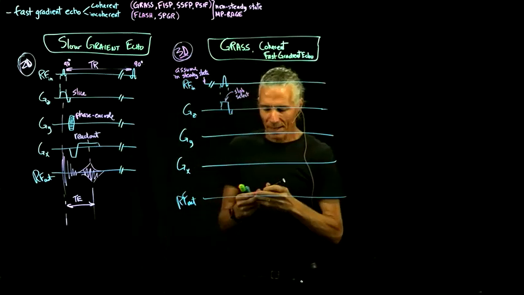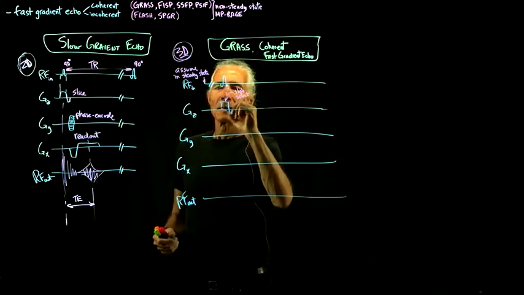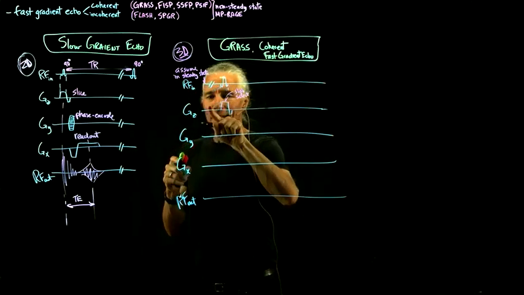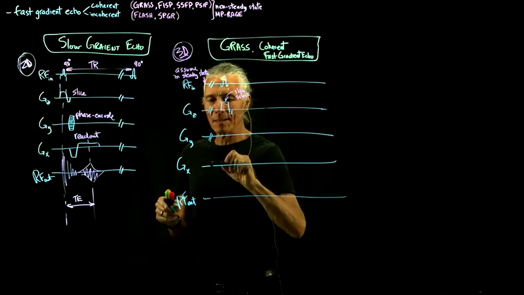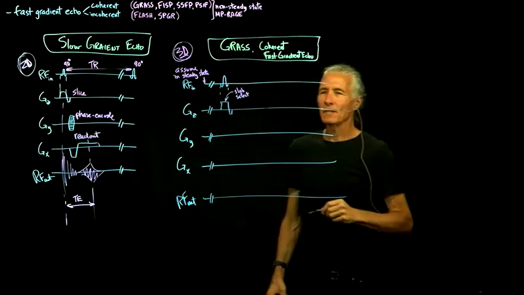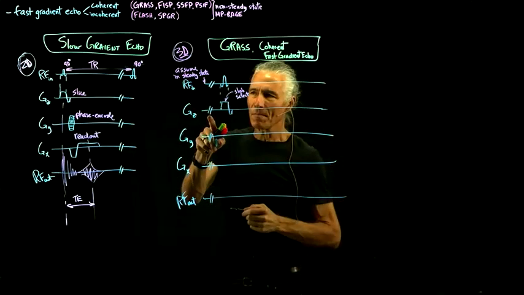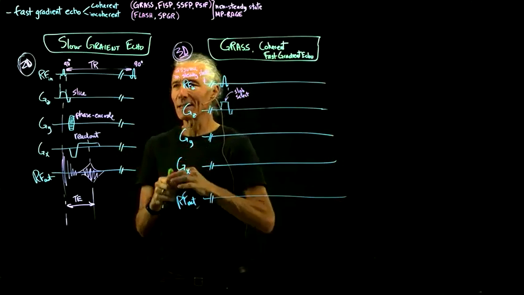But there's already something different here, and that is we're already in the steady state. So we've already been doing this for a while, and that means there's some magnetization sitting around already. Assume we're in the steady state.